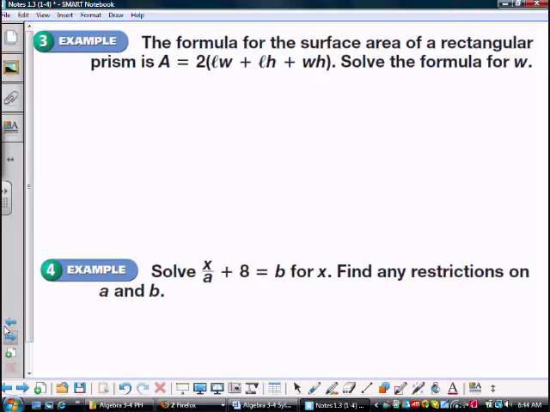What did you do to solve this for W? I want to isolate my W. So anything that doesn't have a W with it on the side with the other W's, go to the other side.